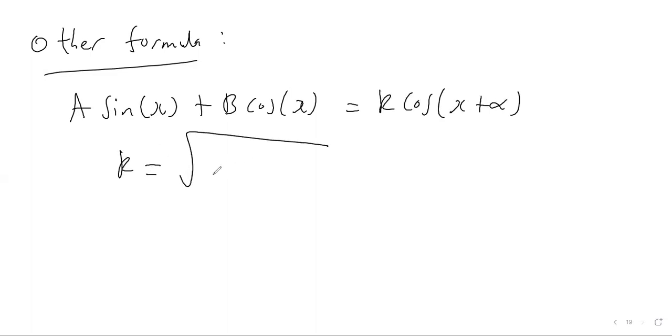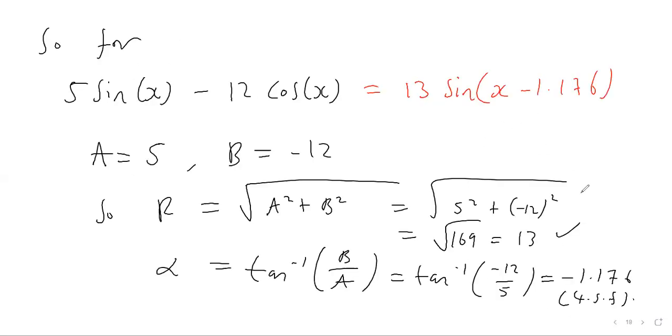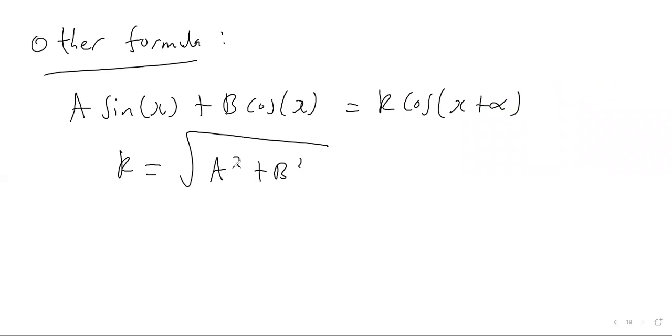So again, R is the square root of a squared plus b squared. So regardless of whether you want to write it in terms of sine or cos, it's always a squared plus b squared square rooted for your R value. But your alpha value this time, if you're going to write it in terms of cos, was this instead. It was tan inverse of negative a over b.